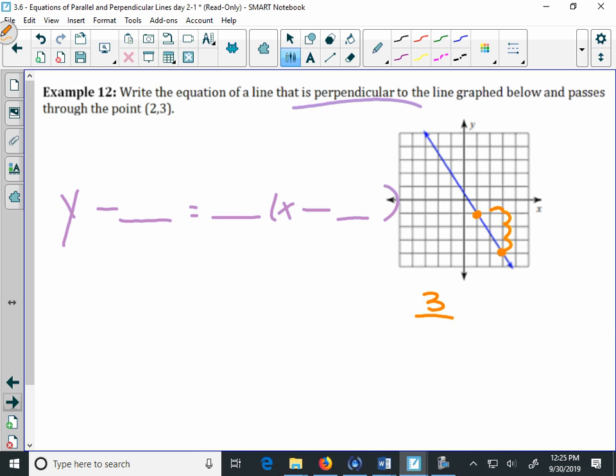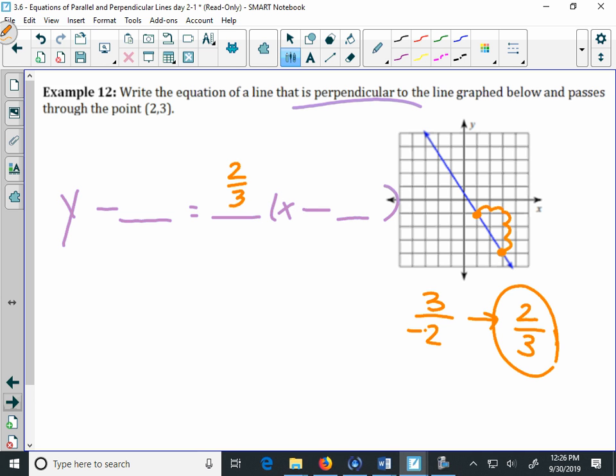What's my run? 2, though. What kind of 2? Negative. Okay. What do we know about the slopes of perpendicular lines? Opposite reciprocal. So if I have 3 over 2, it's going to become what? Positive 2 over 3. The original one's negative. The new one's going to be positive. There's the slope of my new line.